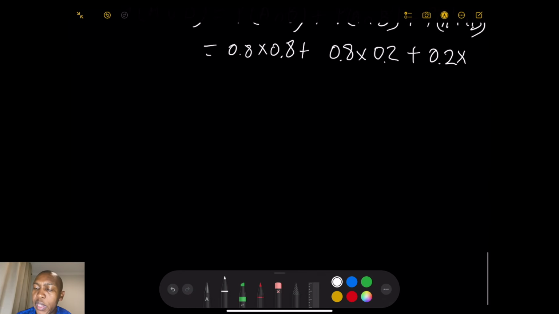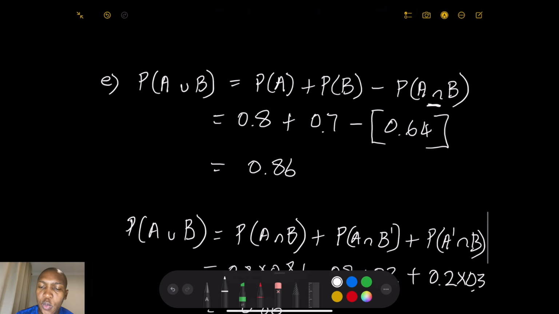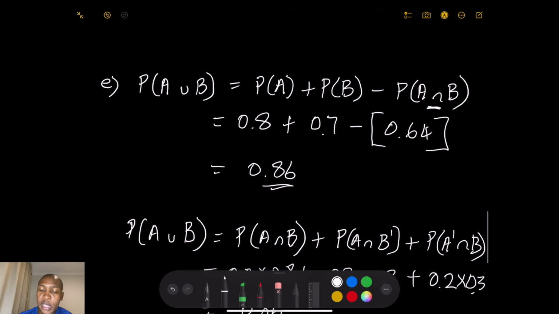That would be 0.3. So that would be 0.2 multiplied by 0.3. And of course, we would include all of those solutions there. So that would give us 0.86, which is exactly the same answer as we got there. I hope that at least one of them does make sense to you.